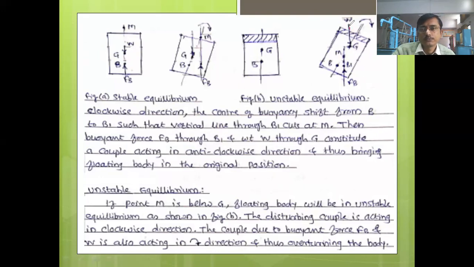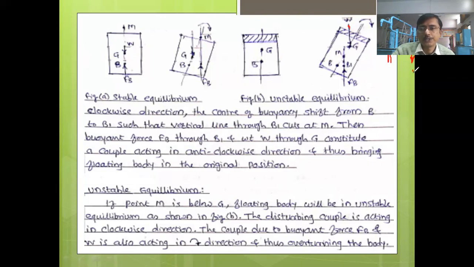This is one force, right? How does this W act? It acts from top to bottom, right? And how does this FB act? From bottom to top. So these two forces are parallel. Okay, these two forces are parallel, but their direction is opposite, so we can say that this forms a couple. They are separated by a certain distance, let us say x.